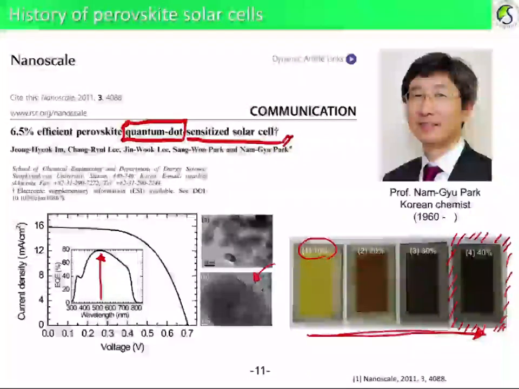And owing to the higher external quantum efficiency, he was able to achieve an efficiency as high as 6.5%. So this is the second paper reporting the solar cells based on the perovskite materials.